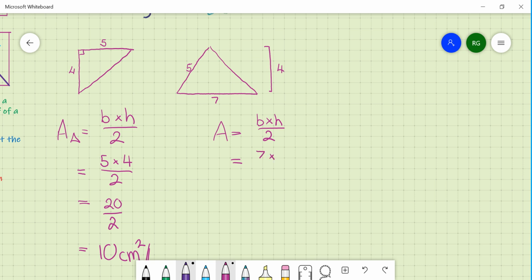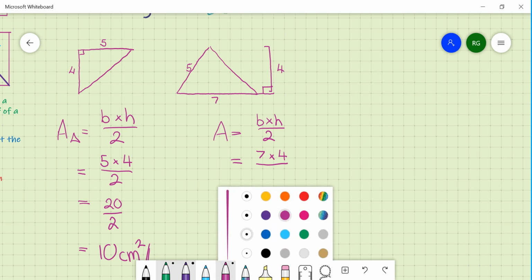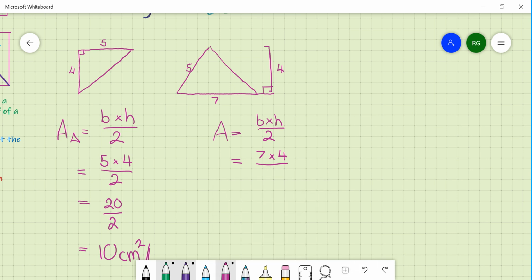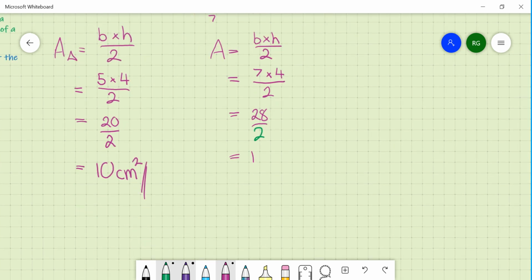The height in this case is 4, because that is what's at right angles to the triangle, divided by 2. 28 divided by 2, written in green, is 14 centimetres squared.